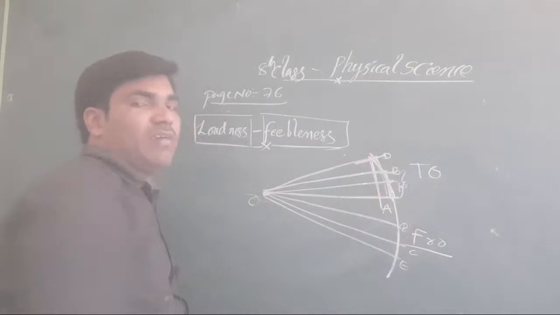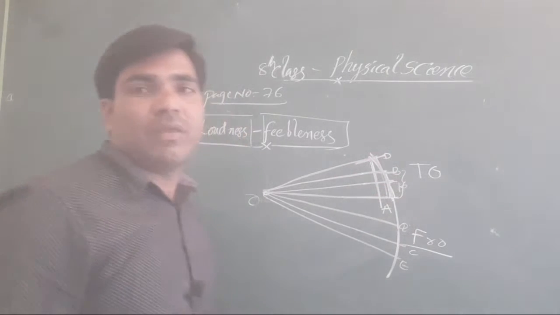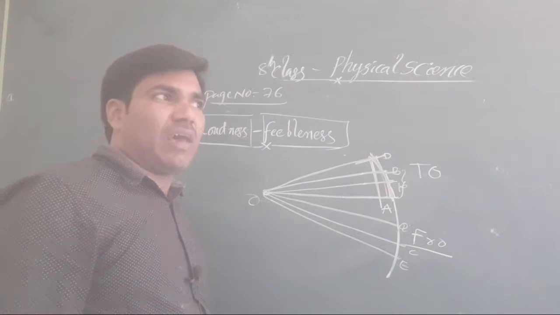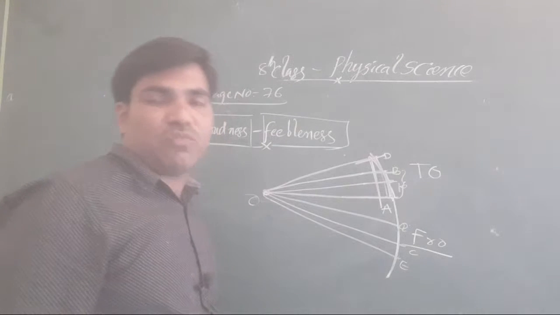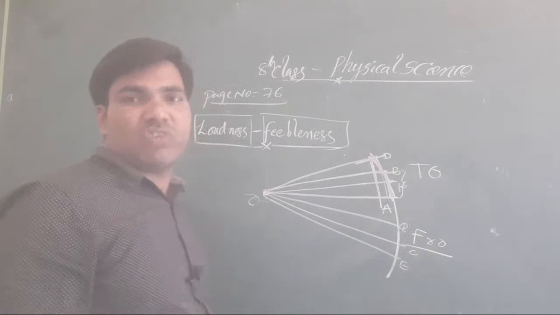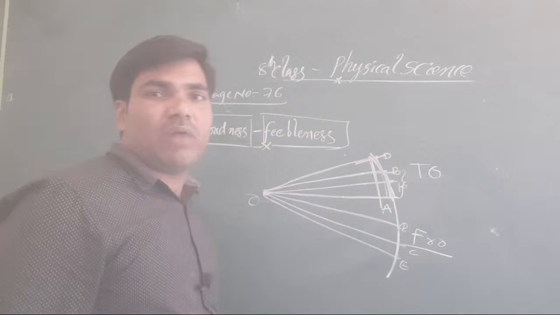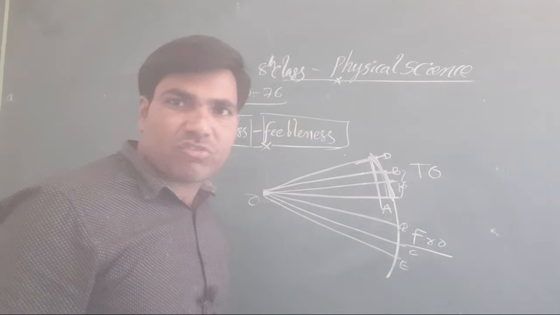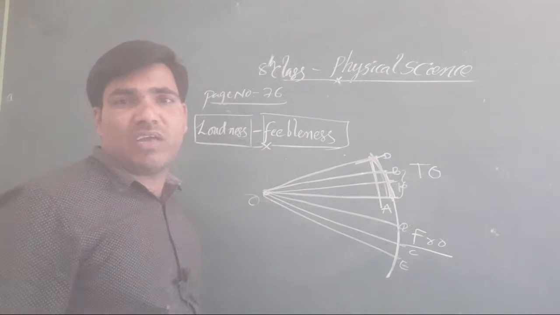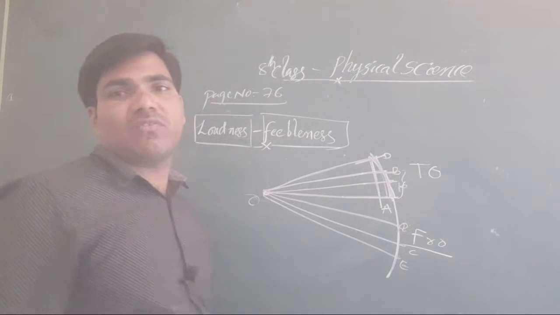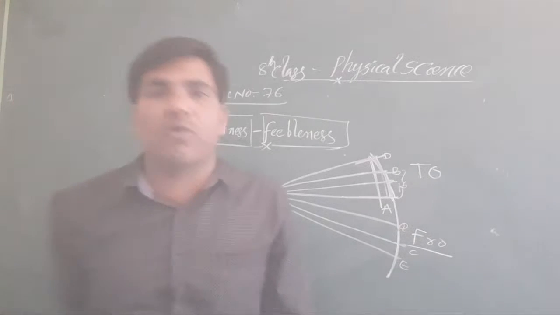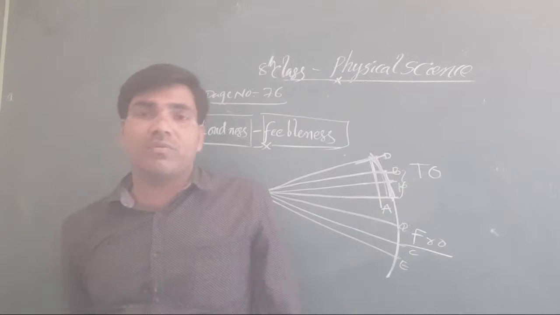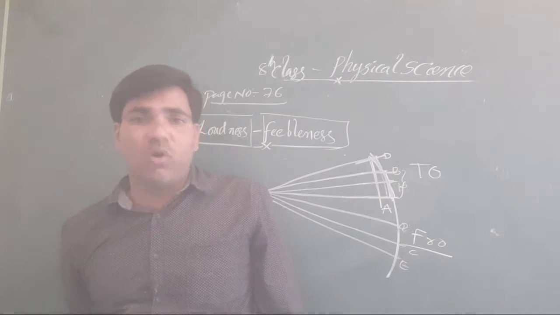Whatever the maximum distance possible during a vibration, or the maximum displacement of the vibrating body from its rest position, that is called amplitude. The more the amplitude, the louder the sound we get. The less the amplitude, the less the sound we get. Got it or not all the students? This is the information about our loudness and feebleness.